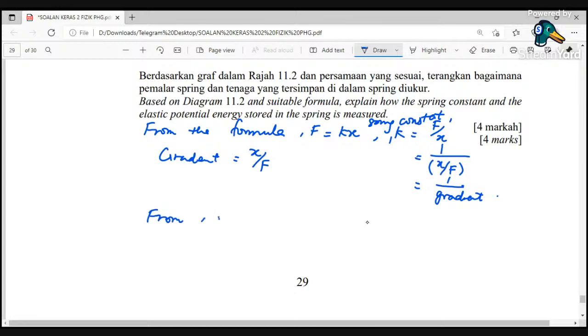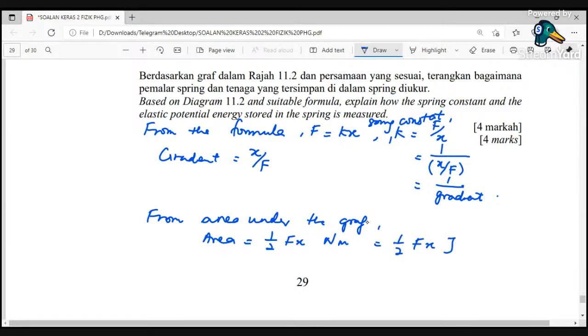Okay, from area under the graph, area is equals to half Fx Newton meter, which is equals to half Fx joule.